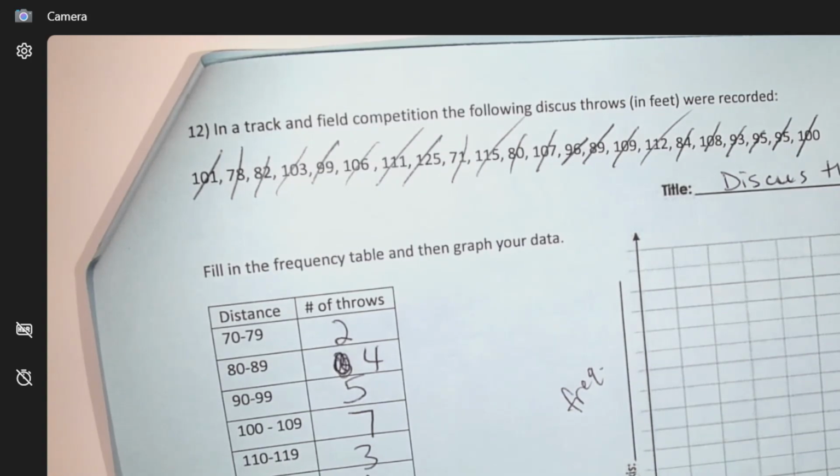Some of you on your test did some weird stuff on your x-axis.